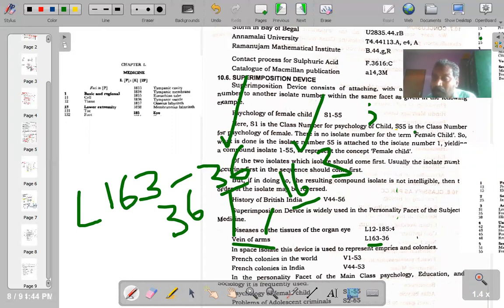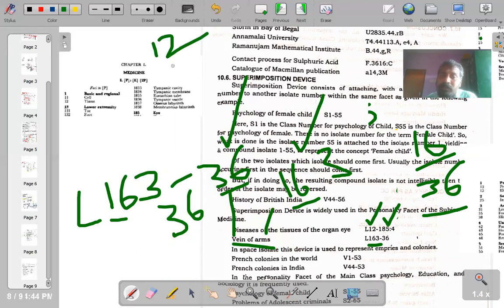We are bothered about the array. 16 is an array, 36 is an array. Which is bigger? 16 is smaller, so I write 16 first. This 3 is a subdivision of 16. And in the previous case, we have two numbers: one is 12, another is 185. I want to check whether 12 or 18 is bigger. 12 is smaller, so we wrote 12 first.